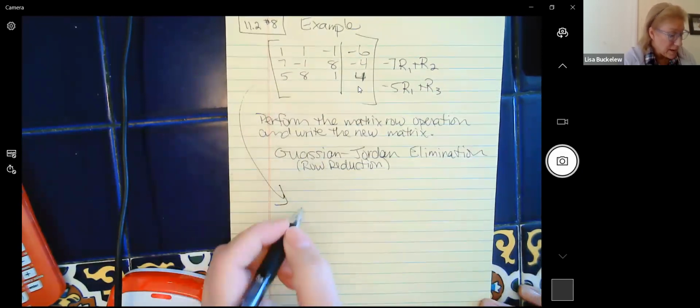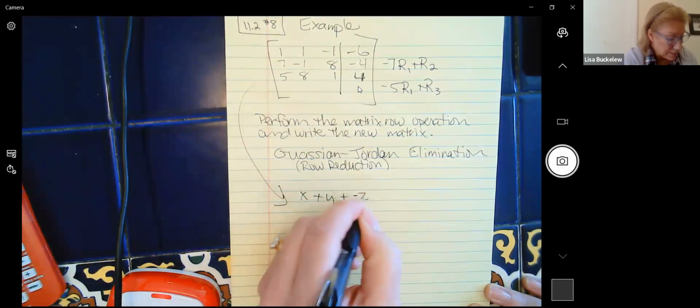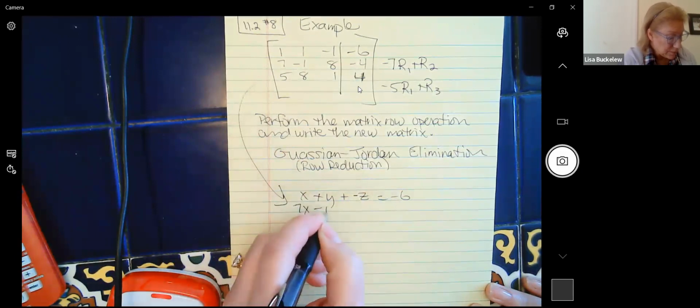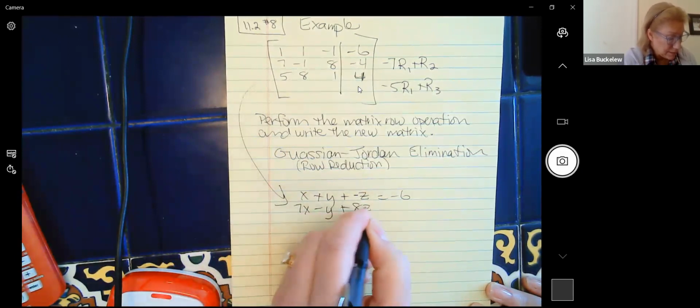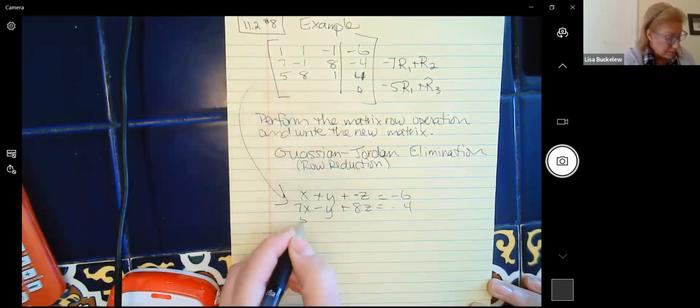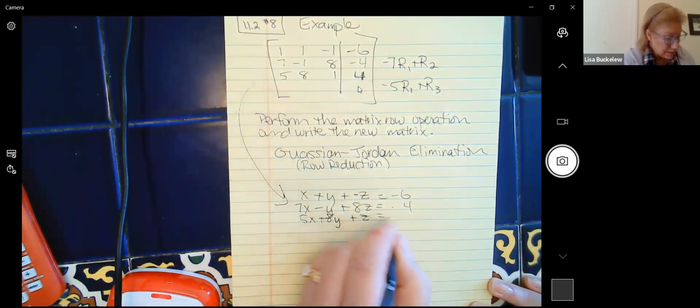So instead of having an equation like this, I should say minus z equals -6. The second one would be 7x minus y plus 8z equals -4. Our third equation would be 5x plus 8y plus 1z equals 4.